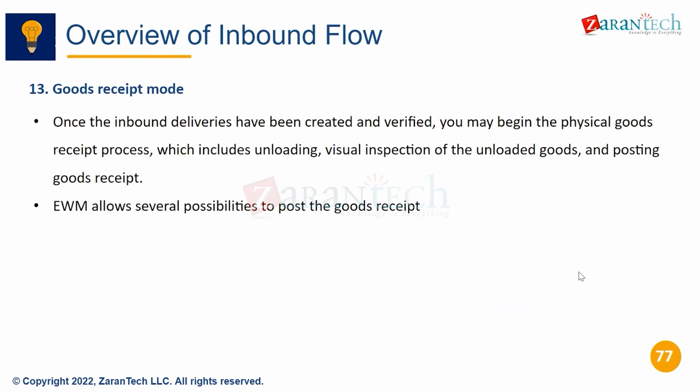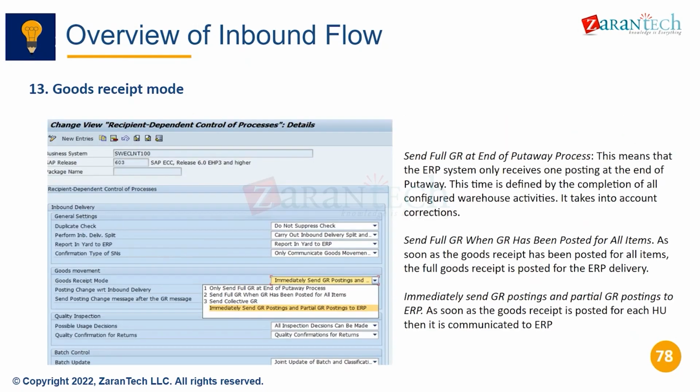Goods receipt mode, this is the goods receipt mode. You can see here, at the business system level, you'll have settings available for when the goods receipt posting should be done. Only send the full goods receipt at the end of the putaway process, or send it otherwise; we can control when you want to send the goods receipt posting to the ERP system.